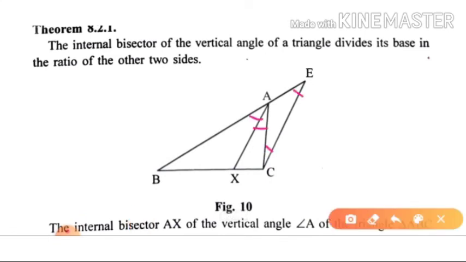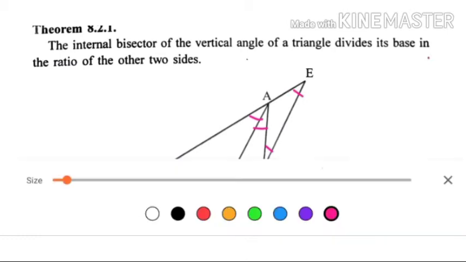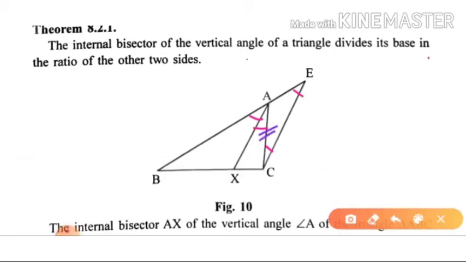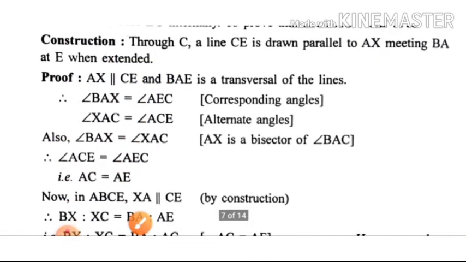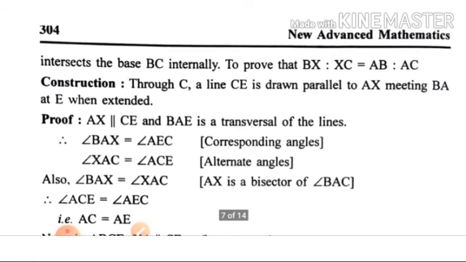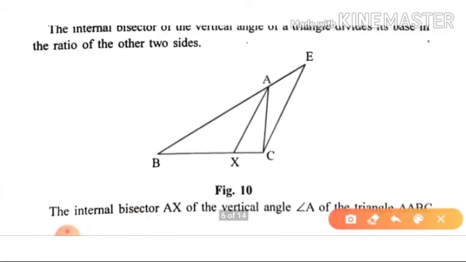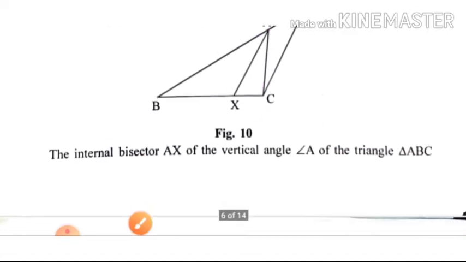So this angle will be equal to this angle. That means it will be an isosceles triangle. When it is an isosceles triangle, AC will be equal to AE, since two angles are equal, and the sides opposite to equal angles of a triangle are equal. So AC is equal to AE.